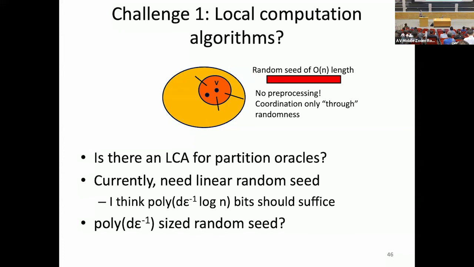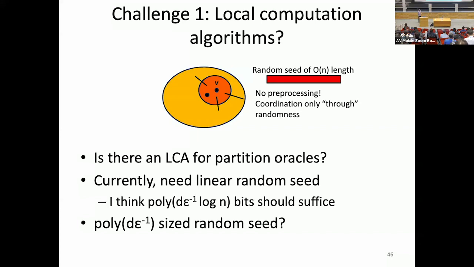Maybe there's a clever way of doing it using a pseudo-random generator and just arguing that, oh, if you have log n-wise randomness, then all the concentration bounds are going to check out, and that is enough to make it work. Or maybe one has to go more clever. One of the thoughts we had was, can you use Nisan's small space pseudo-random generator, convert this into some kind of streaming algorithm that doesn't use much space, and then use a pseudo-random generator for that. So something. I think that this is very much doable.